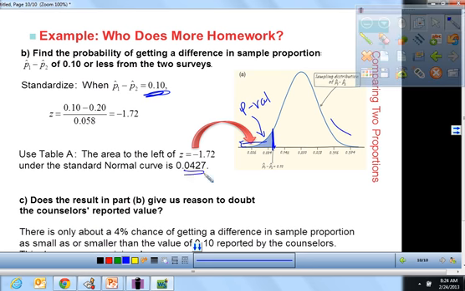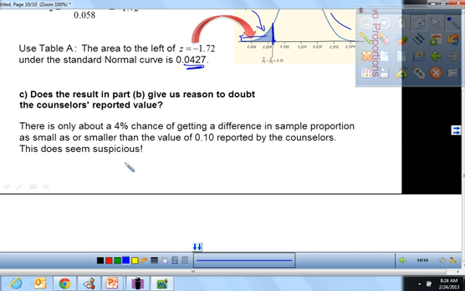So there's only a 4% chance of getting a difference in the sample proportion smaller than the value of 0.10 reported by the counselors. So I'm going to say that the counselors may not be telling the whole truth.